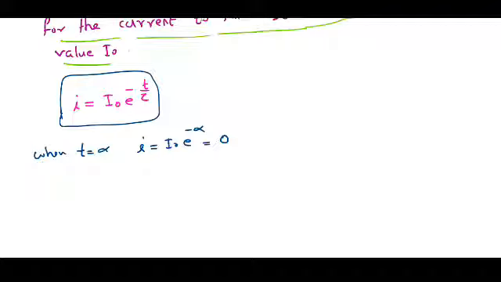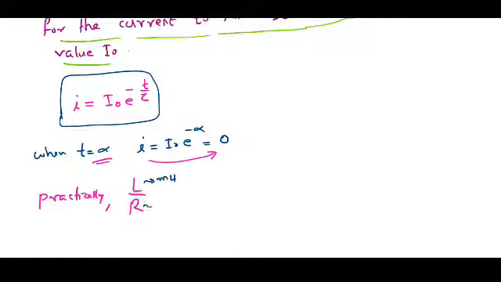It means theoretically the current decays to 0 only after infinite time. Practically, the L by R, because the inductance will be in millihenry and the resistance will be in kilo ohm, that is, the value of L is smaller and the value of R is larger.